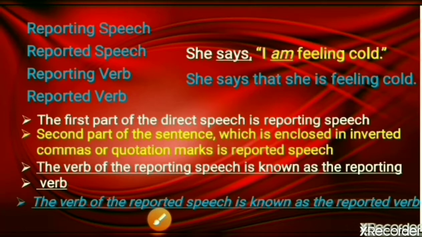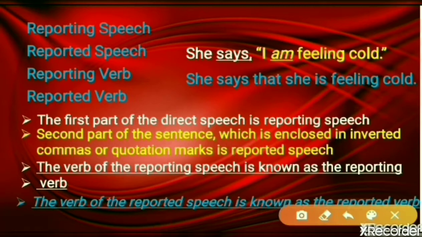Here in this example, you can concentrate on the verbs. The tense of the verb has not changed. For example, she says, "I am feeling cold." In indirect speech, she says that she is feeling cold. So here, the tense of the reporting verb, says, is present, so the tense of the reported verb remains as it is.